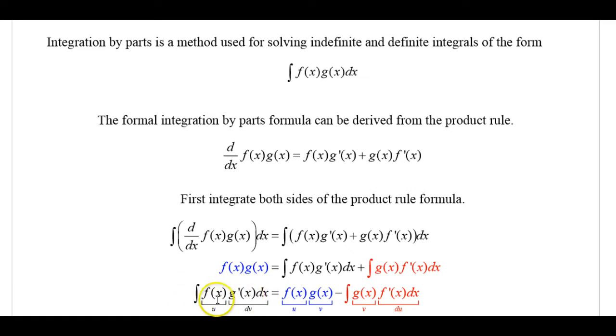So the left side becomes the integral of u dv equals u times v, where v itself is the function g of x, and then minus the integral of v du, where f prime of x is du. So this is the formal integration by parts formula, but we're going to take a look at it just by itself in the next portion.